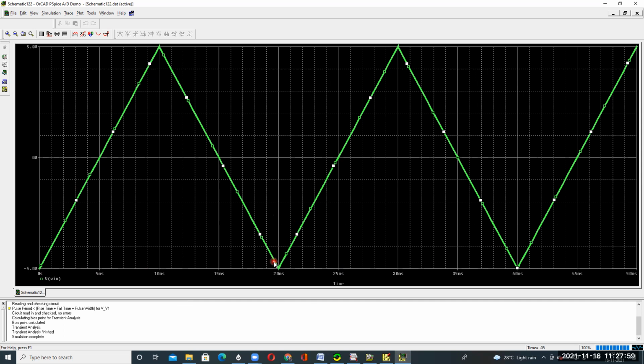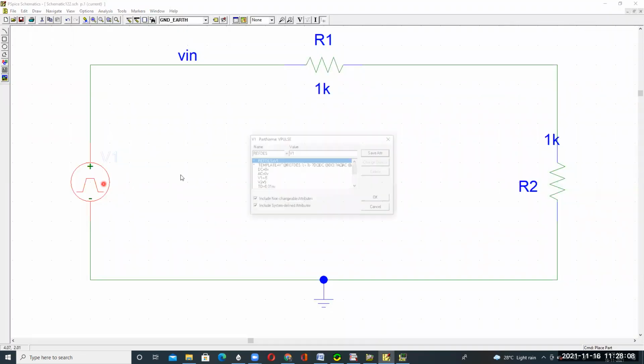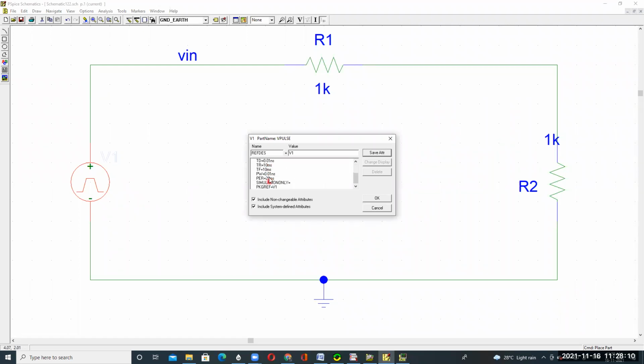If the pulse width is near the rise time or fall time, how does the waveform change? Let us try. I'm changing the pulse width from 0.001 nanoseconds to milliseconds, let us assume 3 milliseconds.